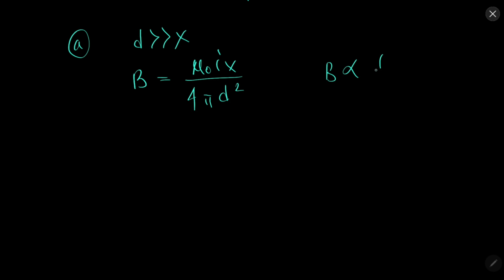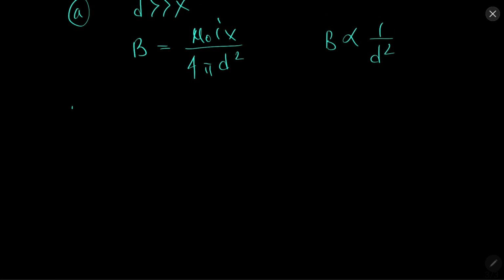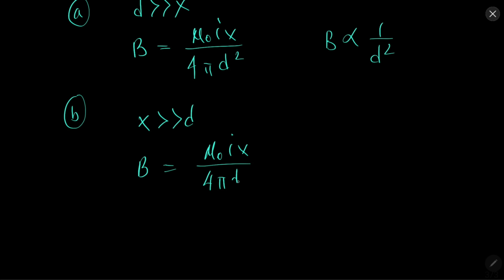So B is inversely proportional to d square. And when x is much greater than d, then B will be mu naught I x over 4 pi d into x by 2. So ultimately here B is inversely proportional to d.